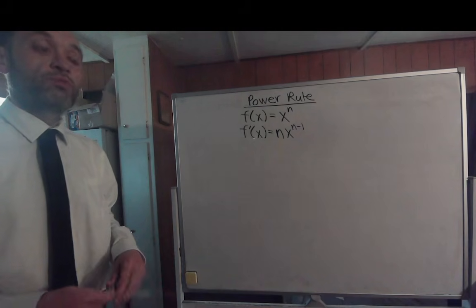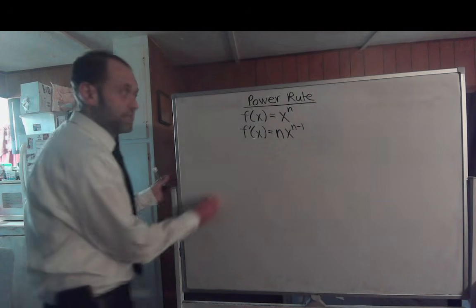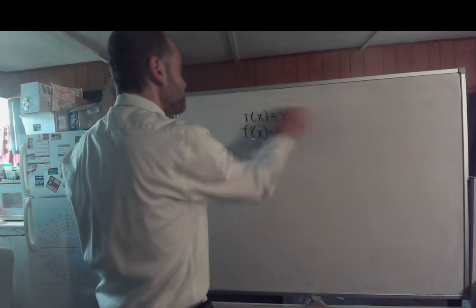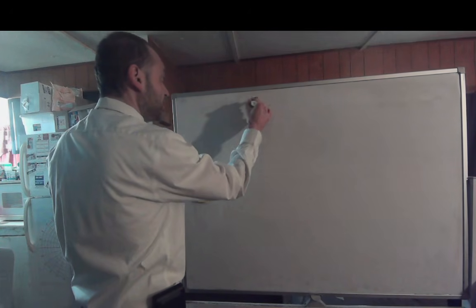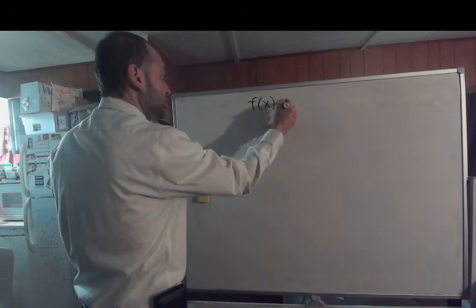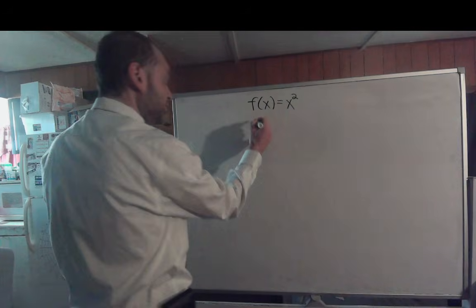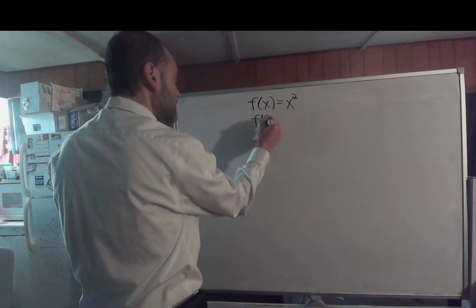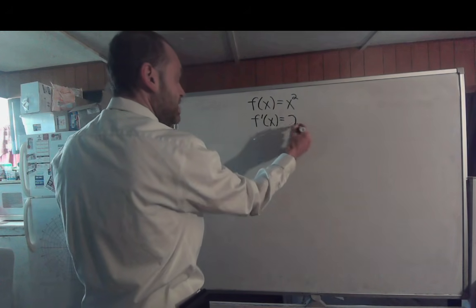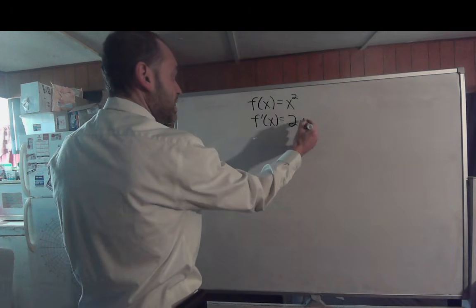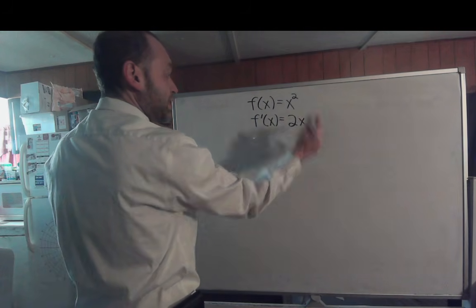First, let's do some real easy ones here. Let's get into some positive powers. So let's say I have f of x is equal to x squared. If I want to find the derivative of that, f prime of x, that is going to be where I take that 2, bring that down in front, multiply it by x, and then lower that power of x by 1 degree.